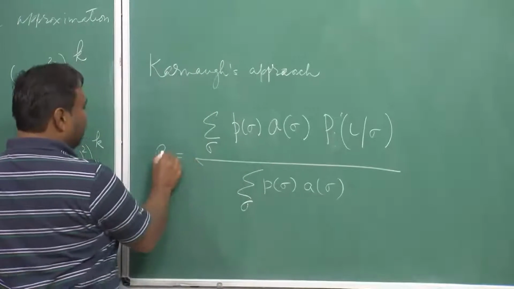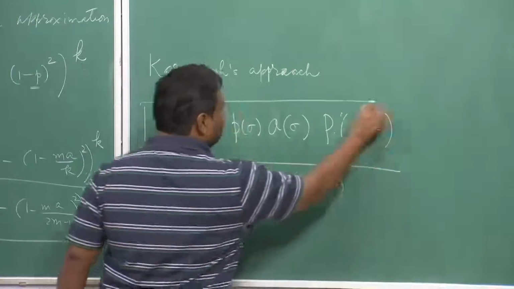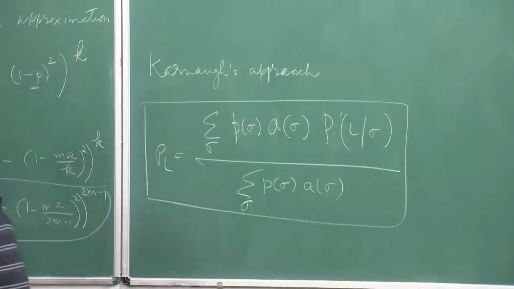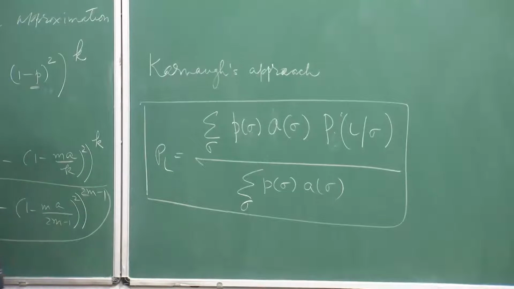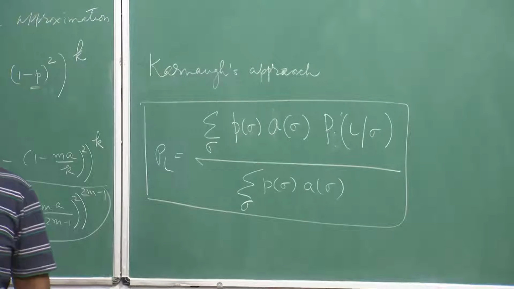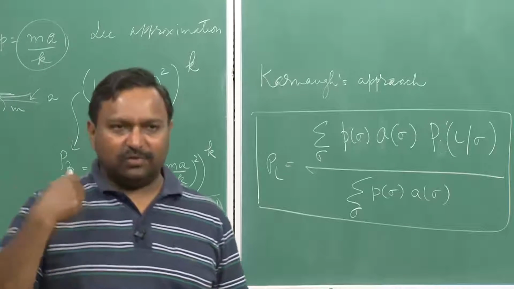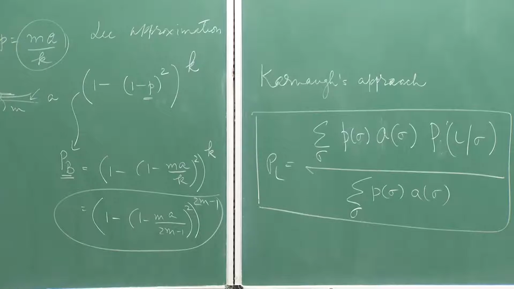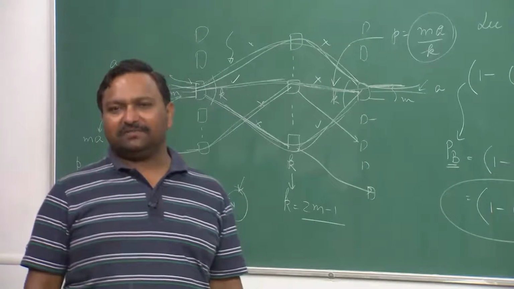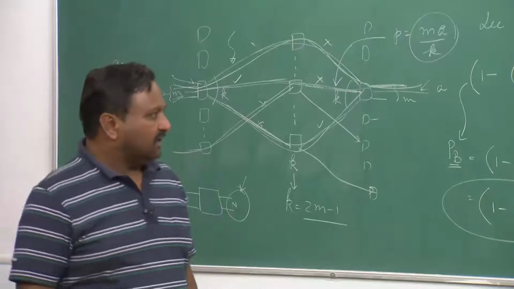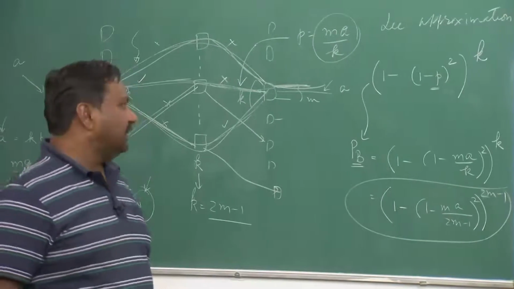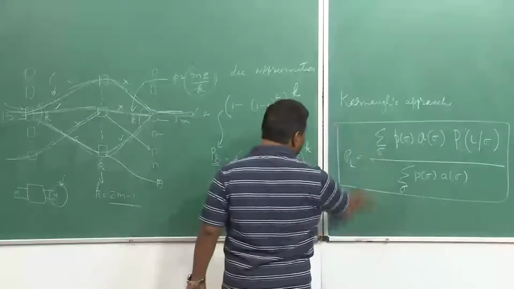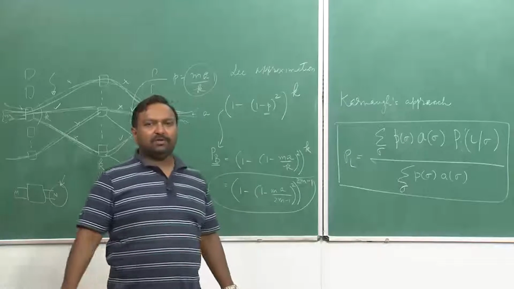This will give you PL, the call loss probability. Interestingly, this call loss probability and the probability of the switch being in a blocked state, or time congestion, are related by the same relation which we derived earlier. Next lecture we will look into Carnot's approximation for finding the call loss probability.